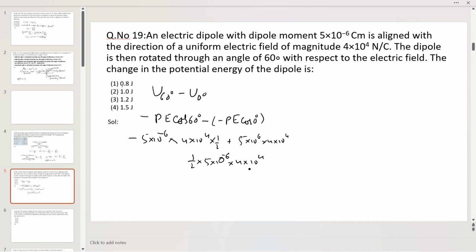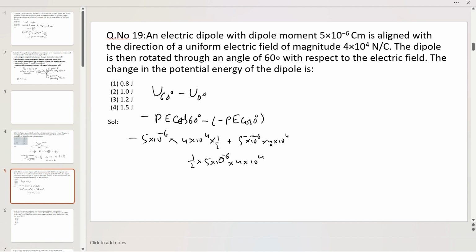So here this is 2 cancels, 10 to the power of 4. Here again, then this is minus 6.